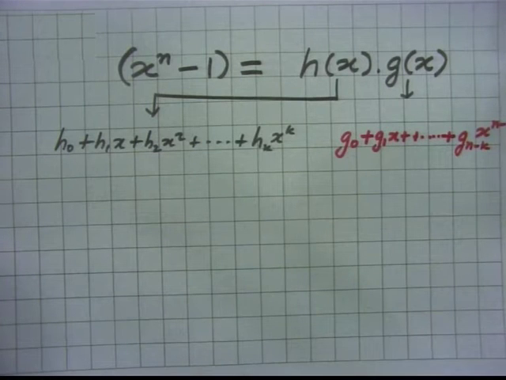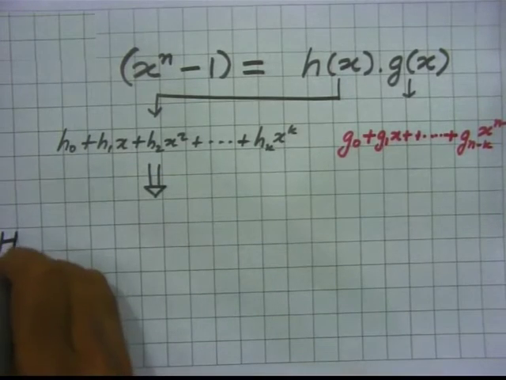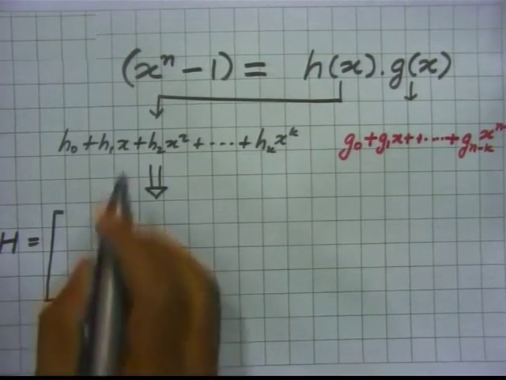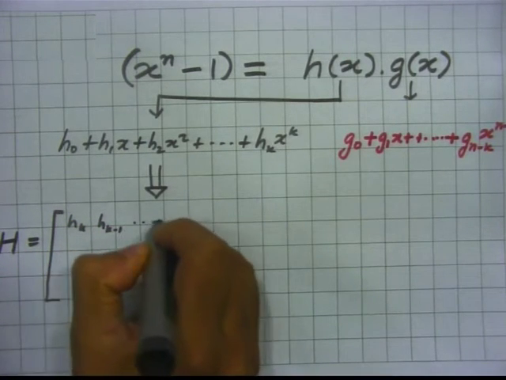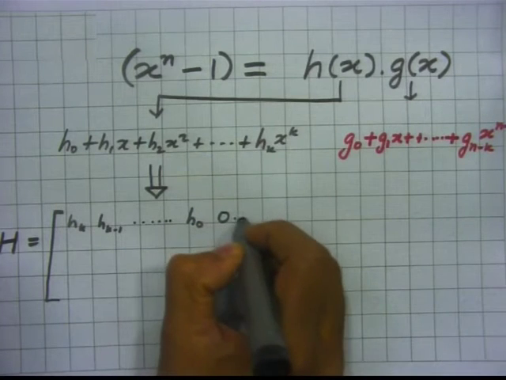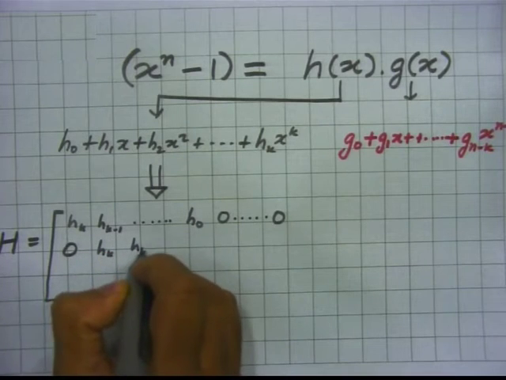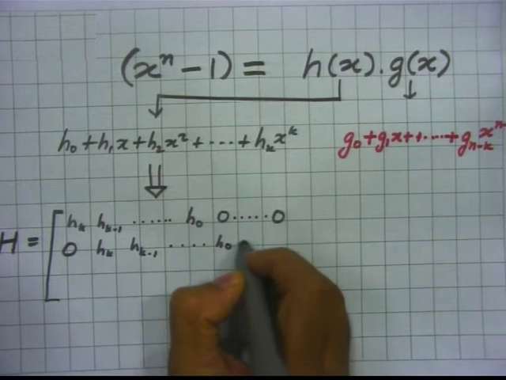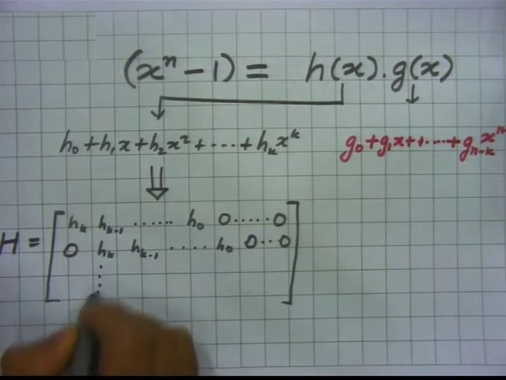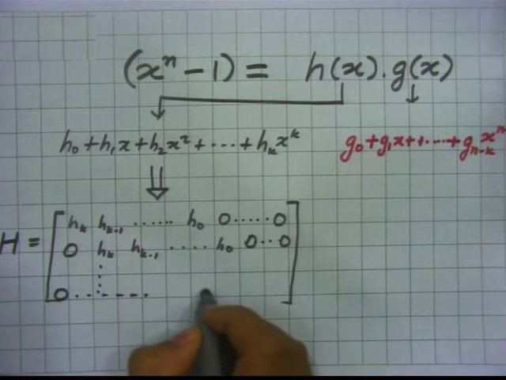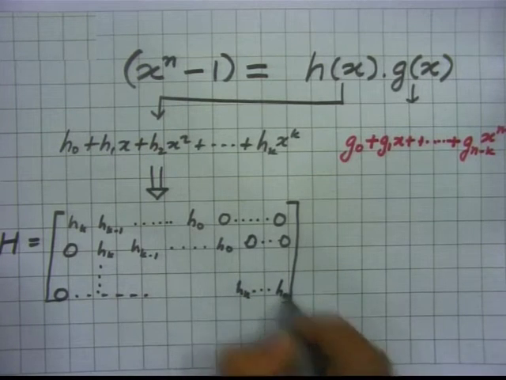Now immediately you can take these coefficients and write out your H matrix as h k, h k minus 1, and so forth till h 0, 0, 0, 0, 0, and similarly 0, h k, h k minus 1, up to h 0, and then you have this h k up to h 0.